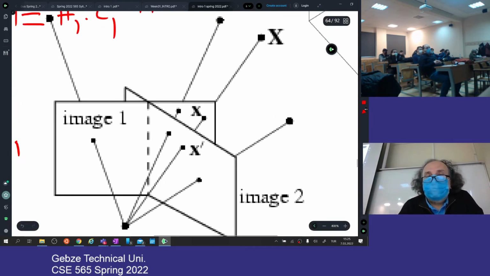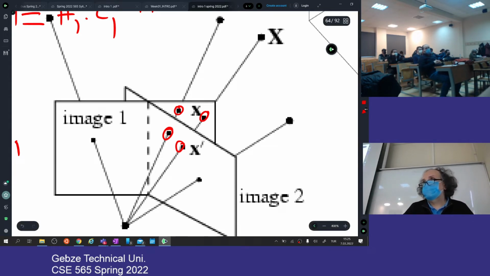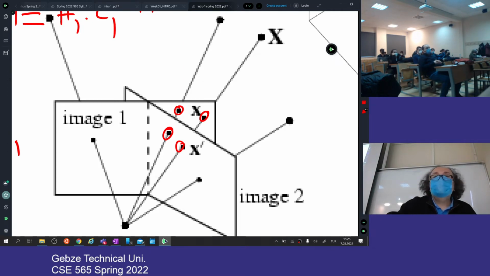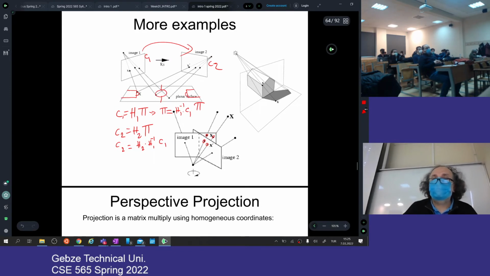But I know that this point corresponds to this point corresponds to this point, and there might be other correspondences too. So I can define a homography between this plane and that plane too. In this case, I don't need to be seeing the same plane between these two images.